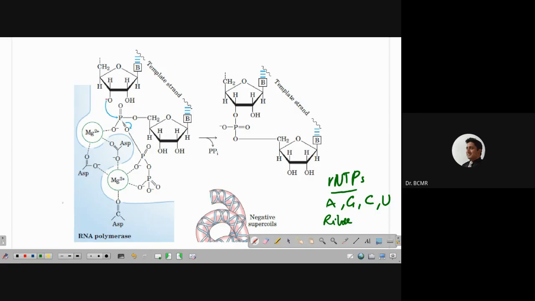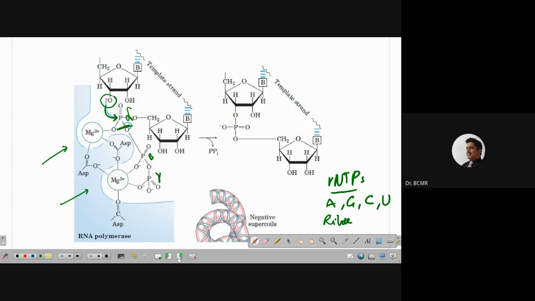So similar to DNA polymerase, you have two metal ions, magnesium ions, which will stabilize the alpha, beta, and gamma phosphates of the incoming base in a particular orientation, so that the 3' OH will make a nucleophilic attack at the alpha phosphate, and this is broken, and now you have a phosphodiester bond formed. That is polymerization.